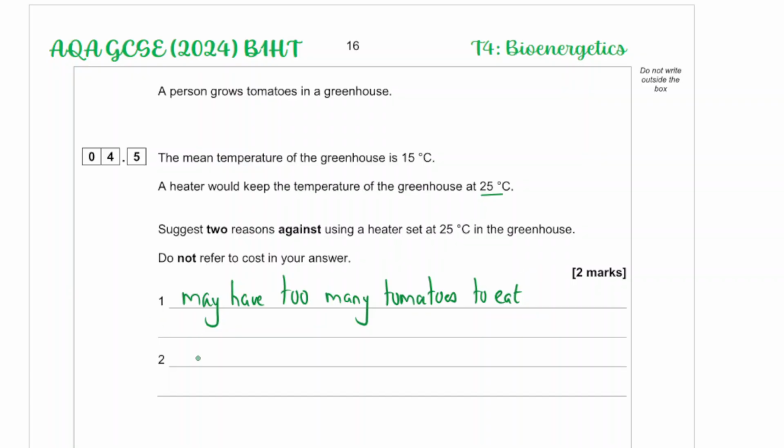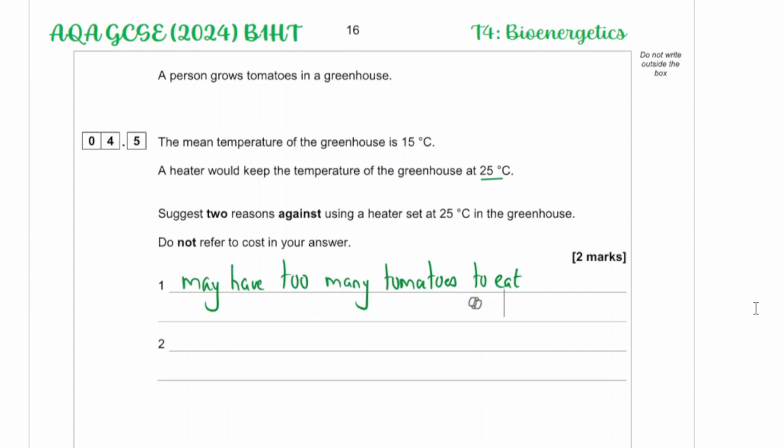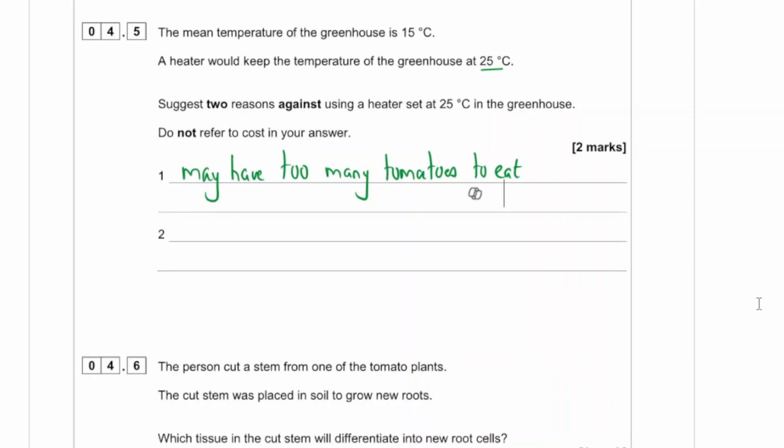Although you're increasing the temperature, something else might actually become a limiting factor. So increasing the temperature might not actually have that much of an effect if something else is becoming a limiting factor like carbon dioxide levels or even light. So if it's during the winter time, the amount of sunlight received is going to be less. So having a high temperature is probably not going to help that much.